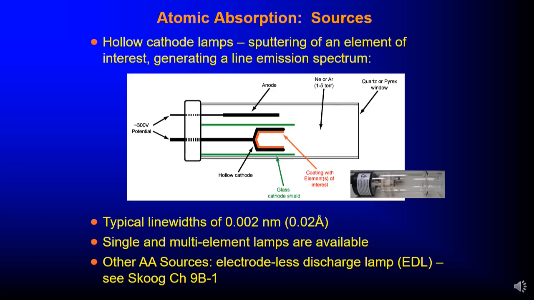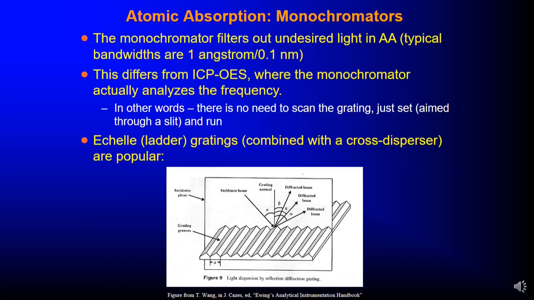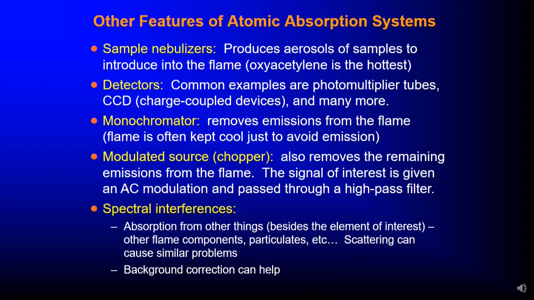And then we have Echelle gratings. Then we have sample nebulizers, which produce an aerosol of the sample to introduce into the flame. Then we have detectors, still CCD and PMT.